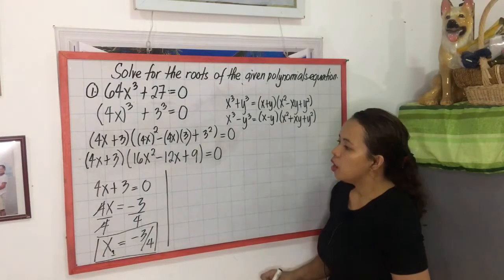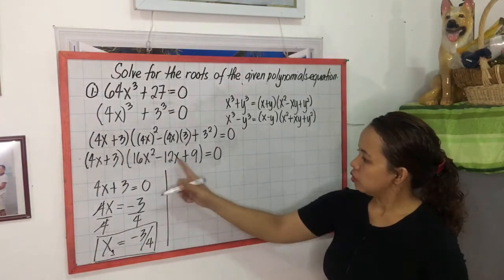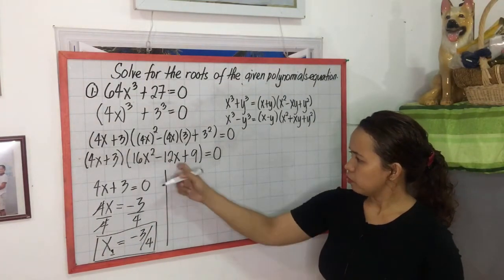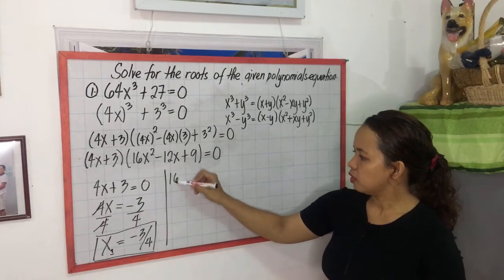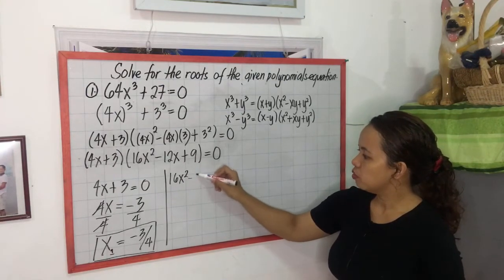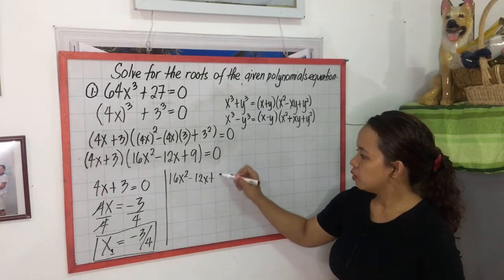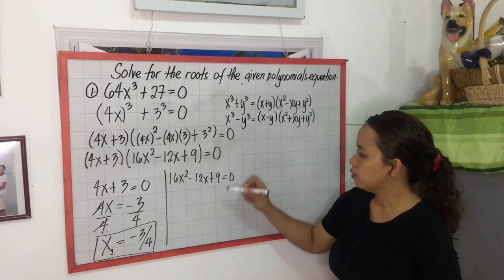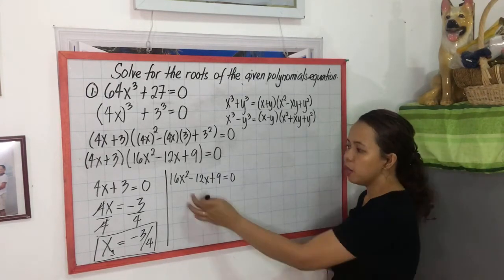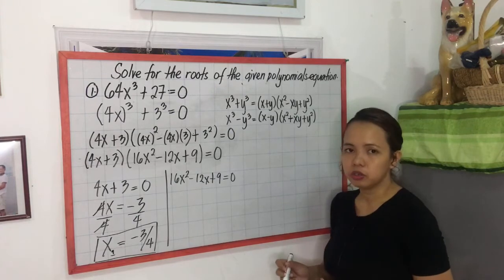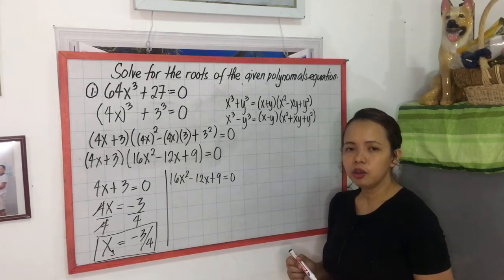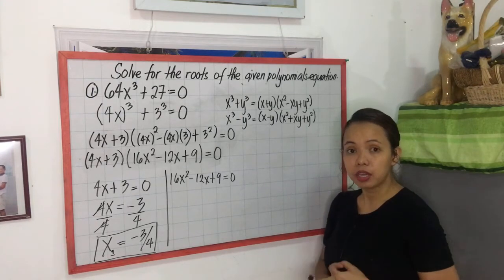Now, we also have the second part of our root. That will be 16x squared minus 12x plus 9. So, solve din natin yung x values dito. But since we have a quadratic function or quadratic equation, pwede tayong gumamit ng quadratic formula, completing the square, or factoring method.